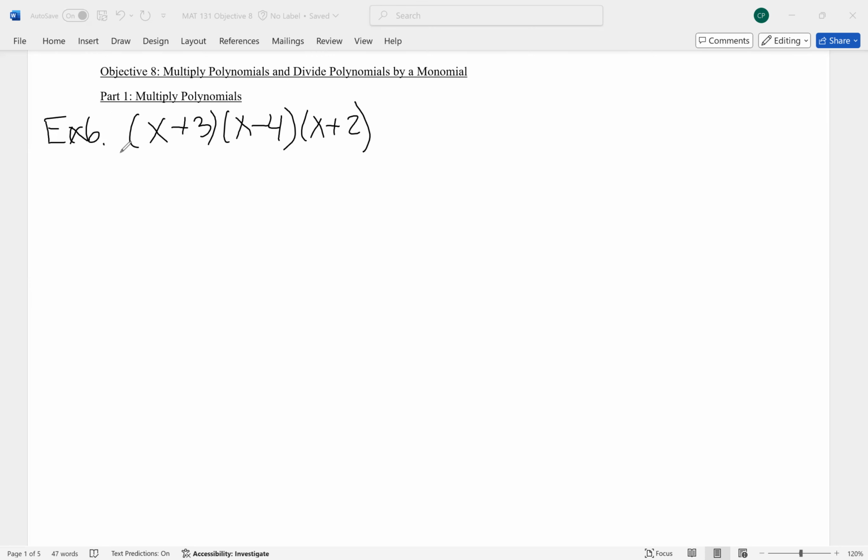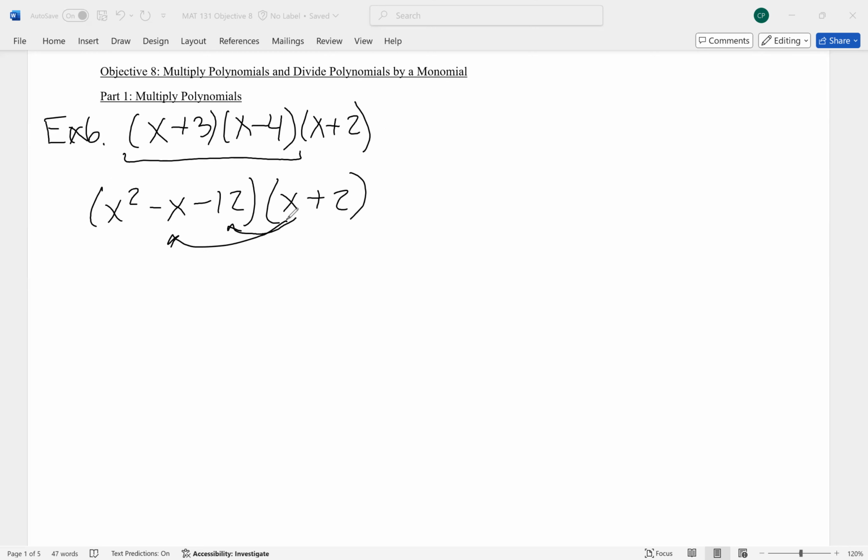The way to do this is to focus on the first 2, get that multiplied together first. If we multiply those, we'll get this. And then we will multiply it by that last one, which would be the problem that we just looked at. And we can do the x times everything and the 2 times everything.